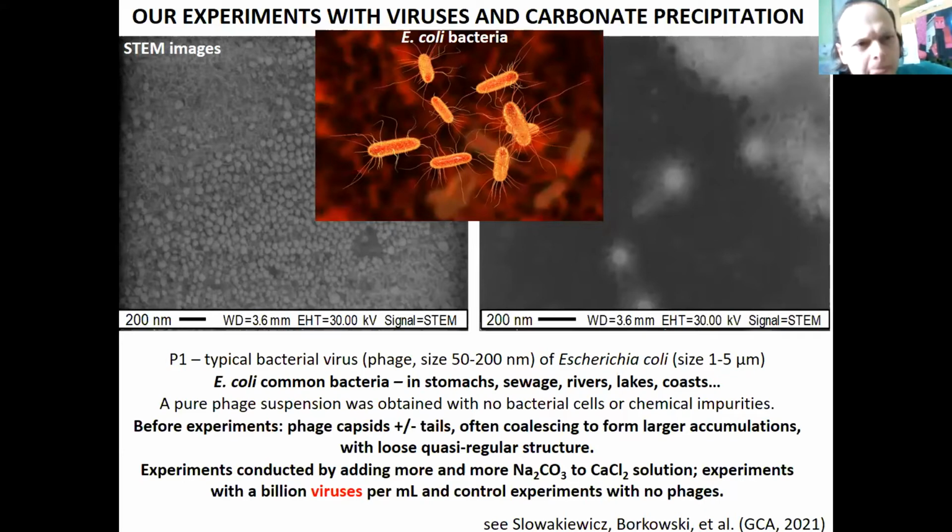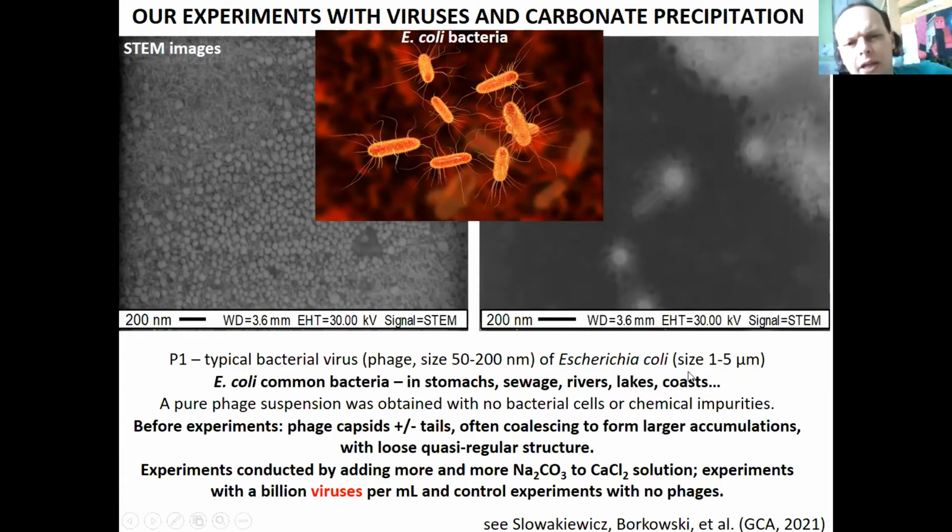And we used what is commonly used, an Escherichia coli bacterium, which was infected by the so-called P1 phage, which is a bacterial virus, in this case infecting Escherichia coli.